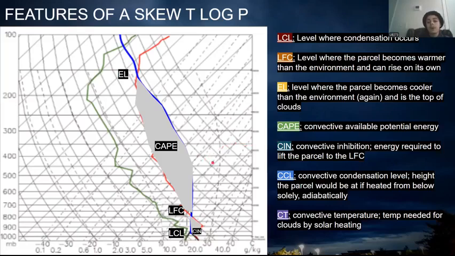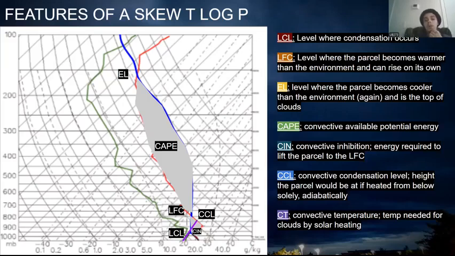Now, the two other things. We have the CCL, which you find by starting down here at the bottom of the green line, the dew point, and you just draw all the way up to where you get to the red. That is the CCL, which is convective condensation level.